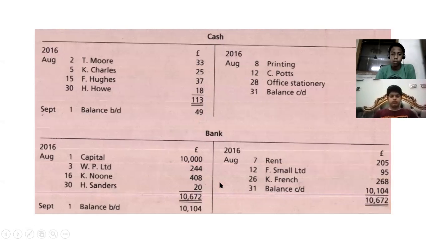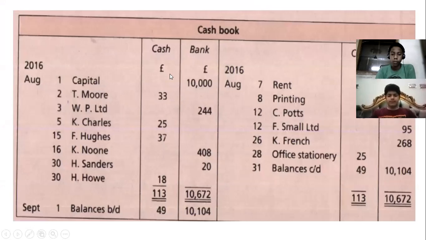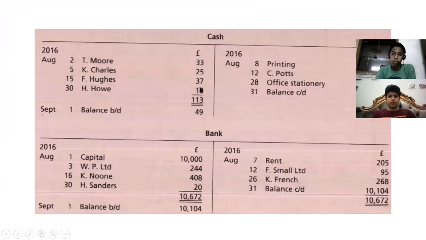Same thing when we record in the two different columns. Same thing you can see, 33, 25, 37, 1000, both debit side. Again, I'm showing you at the back. You can see the same thing here, debit side, but instead of a separate account, we have put bank in the cash book. Both debit sides would be in the one account. That is called cash book.